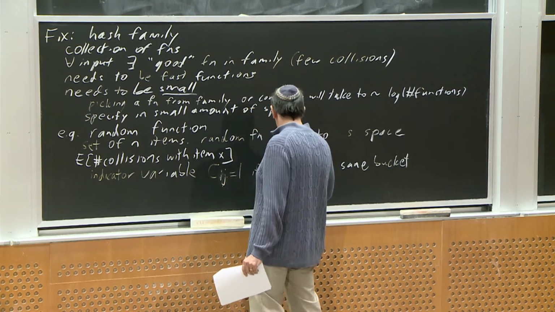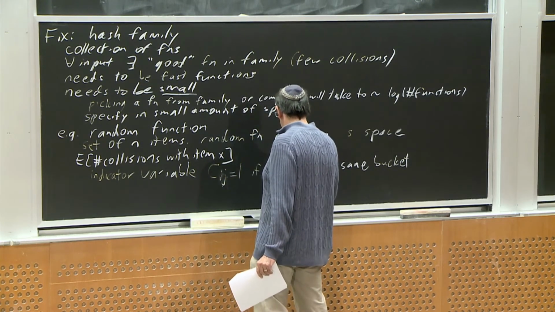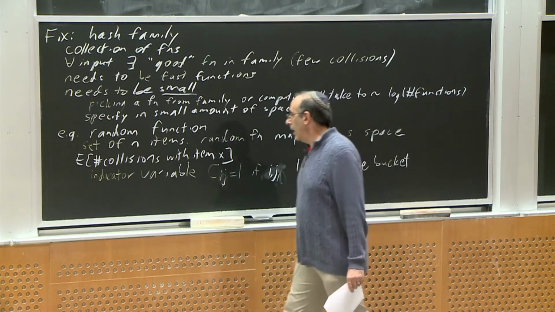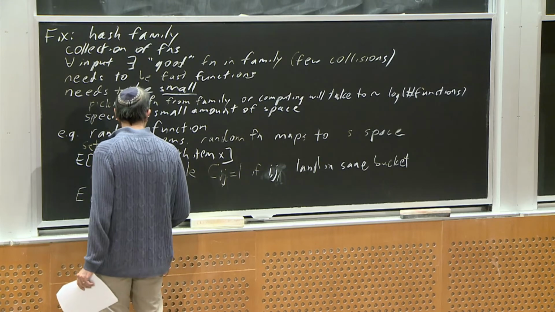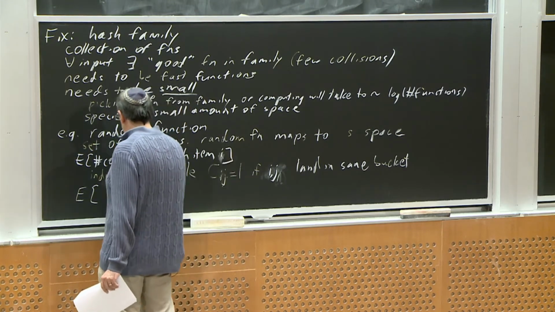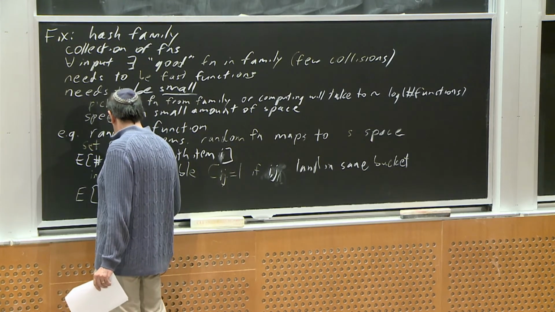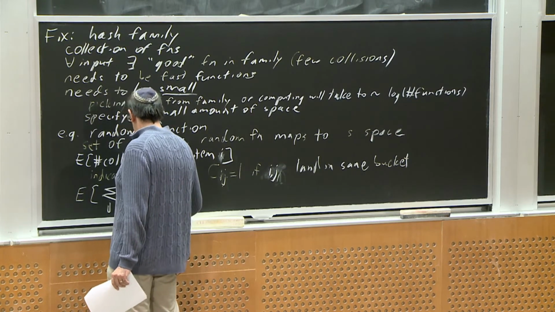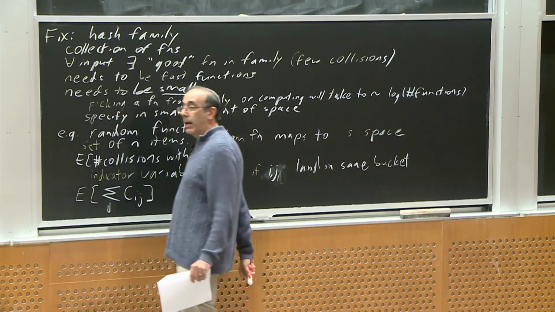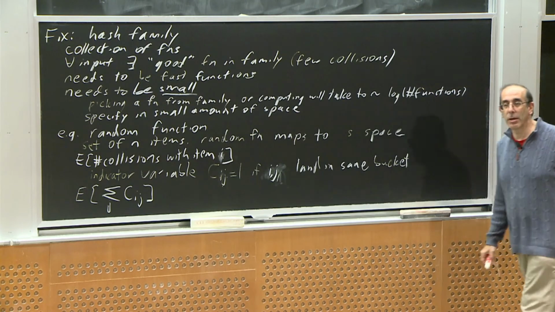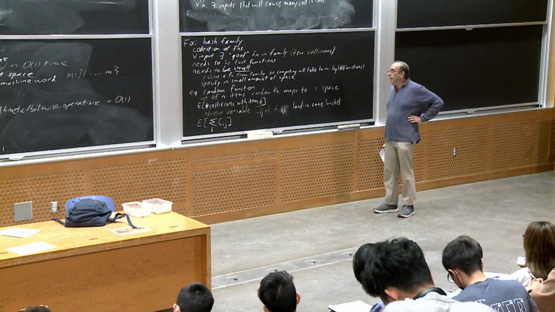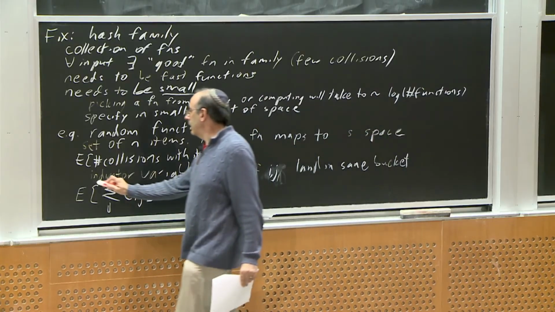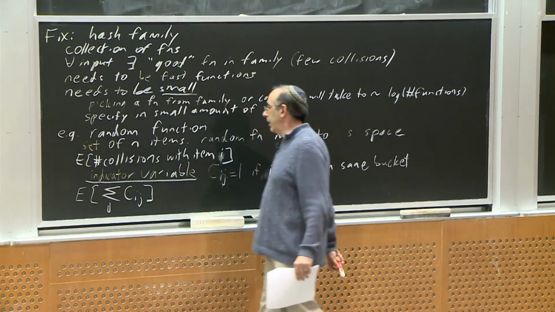Let me call this Cij. And so now the number of collisions with item i is just the sum over all j of Cij, right? That's just counting the number of items that collide with i. So this is key idea number 1 from probability.